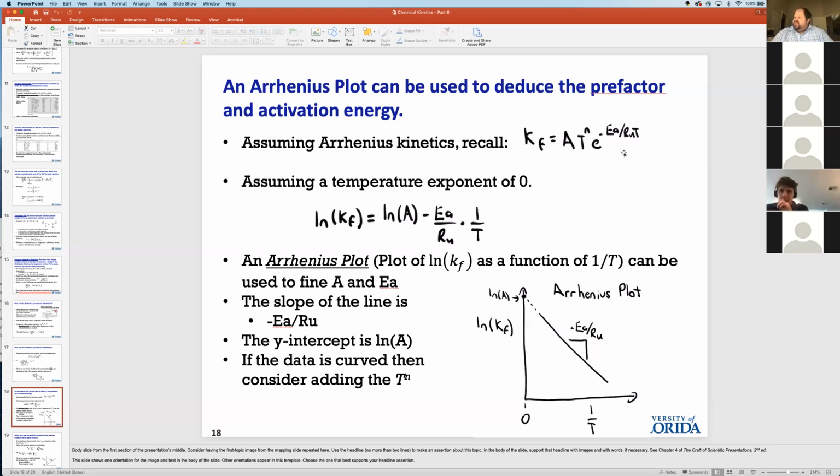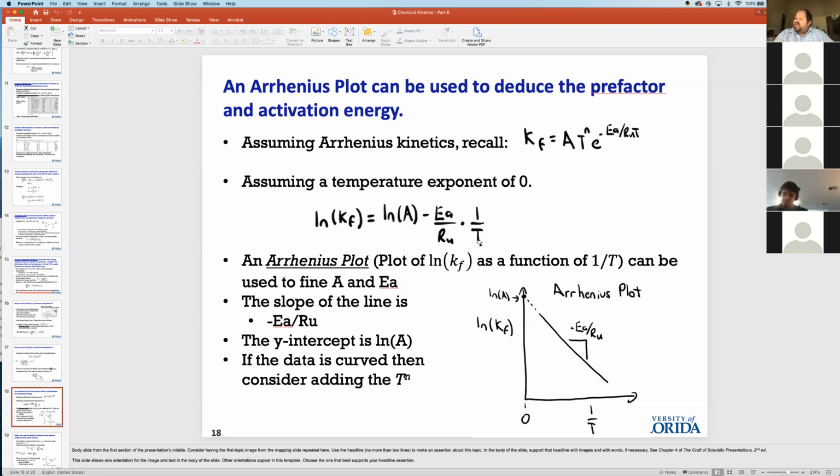Okay, and so for the sake of example, we'll just assume that the temperature exponent is 0. And so if you assume that the temperature exponent is 0, you can take the log of this expression here, and you get the log of Kf is equal to the log of A minus EA over Ru times 1 over T. And so this is telling you that if you want to find A and EA, what you do is you plot the log of Kf versus not temperature, but the inverse of temperature.